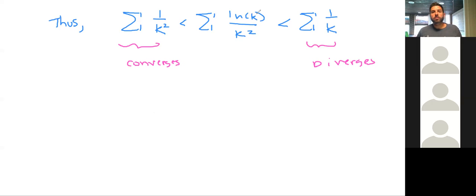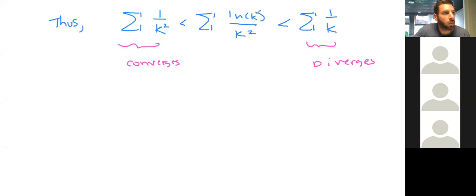Okay, so you might think to yourself, which one should I choose? Should I try to compare it to the one that converges, or should I compare it to the one that diverges? And it turns out that in each one of those cases, you're not going to get any information. So what instead we're going to do is, since it's between them, let's choose something that should be between them. What is a number between 1 and 2?